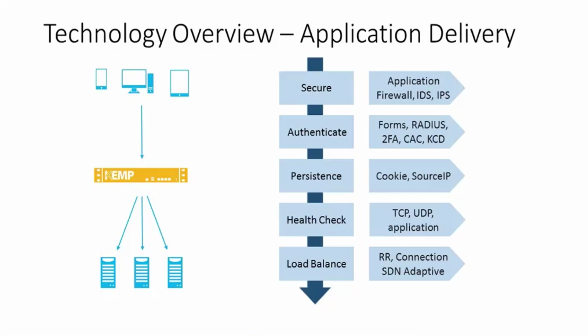So just drilling down a little into that. When it comes to application delivery, there are many steps in the path from the user who is trying to connect to a particular application set and those back-end servers, which might be physical or virtual or in the cloud these days.